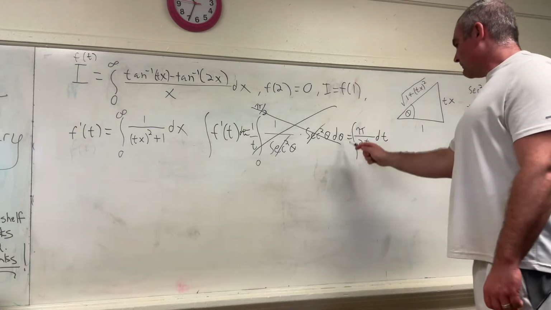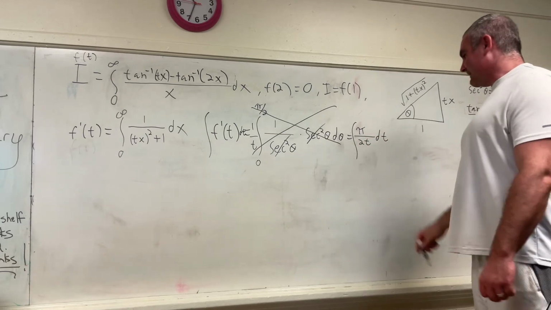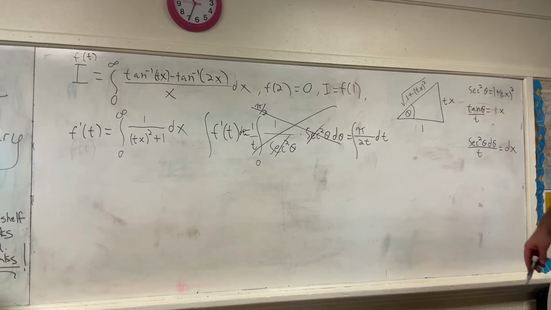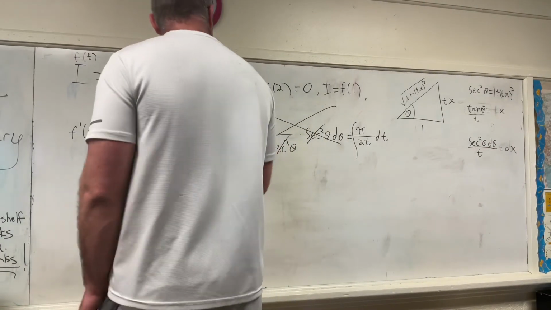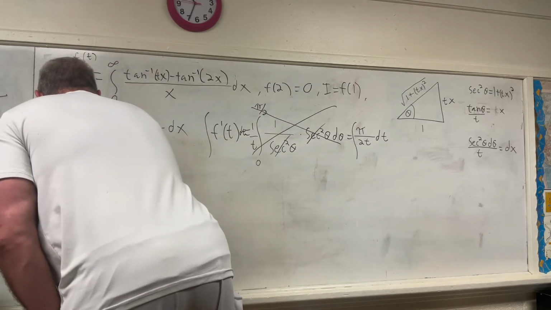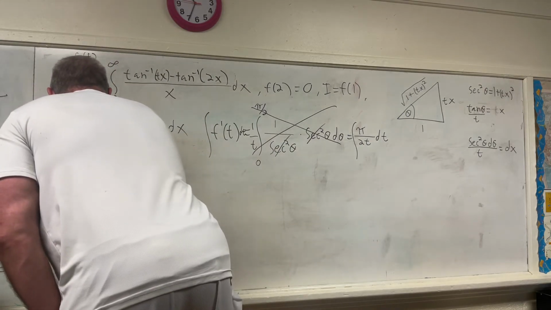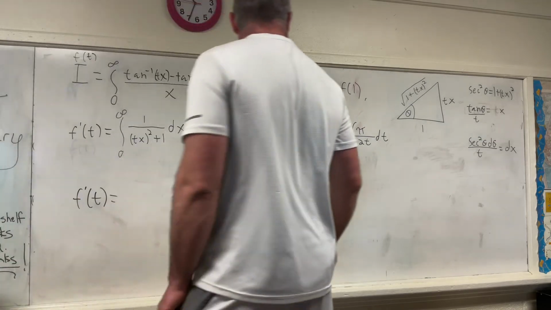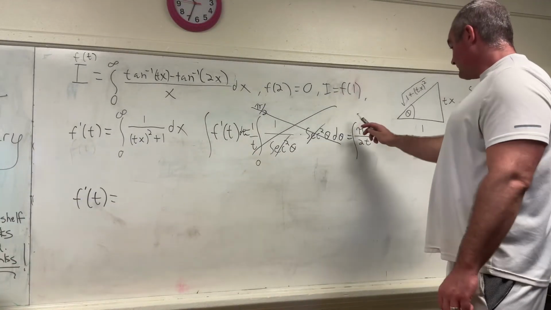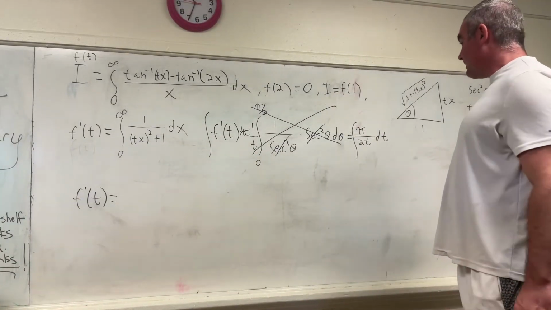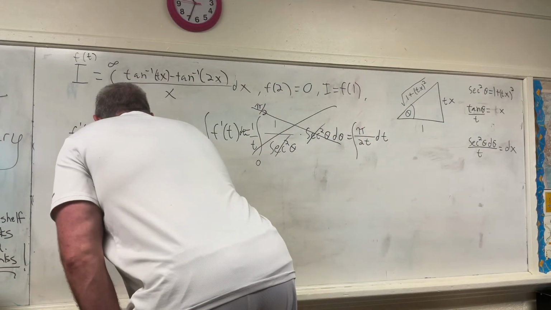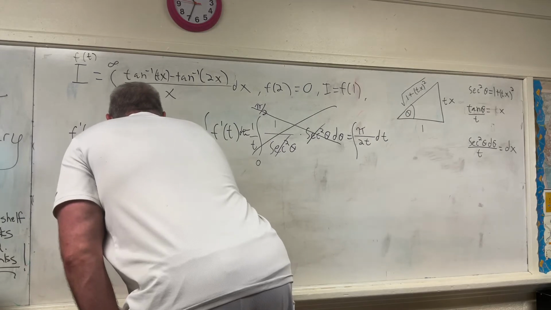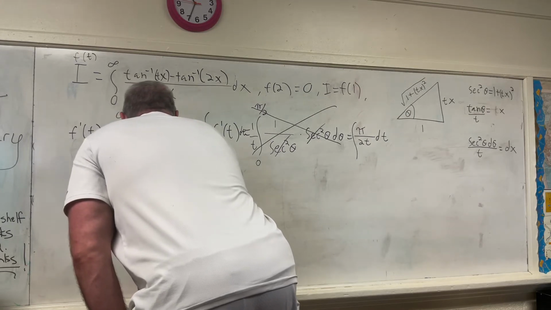Bringing the pi over 2 out and then integrating 1 over t dt, we get the natural log of t. Make sure I'm not making any mistakes. So pi over 2 times the natural log of t.